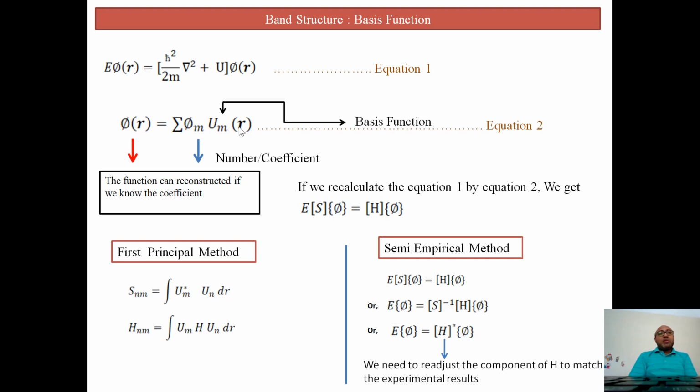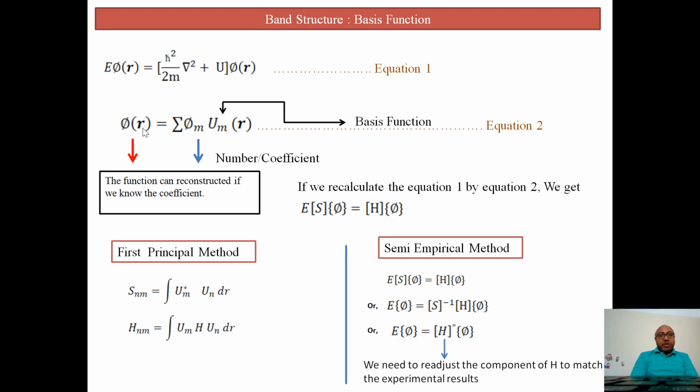There are a lot of basis functions people use, like Gaussian functions. There are a lot of simulators called Gaussian simulators. So this u_m is nothing but a Gaussian, and then you try to find the phi_m. Phi_m is nothing but a coefficient. It's just numbers. If you know these numbers, you can reconstruct your phi, and so you can reconstruct your waves.